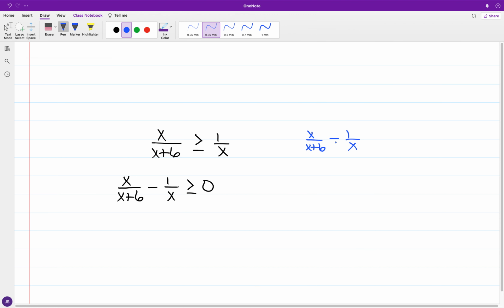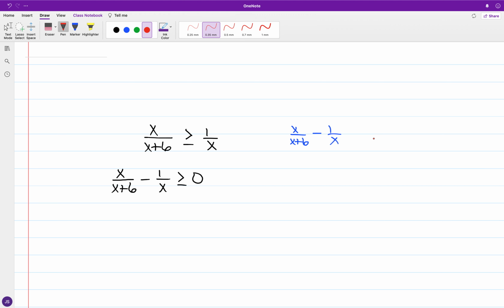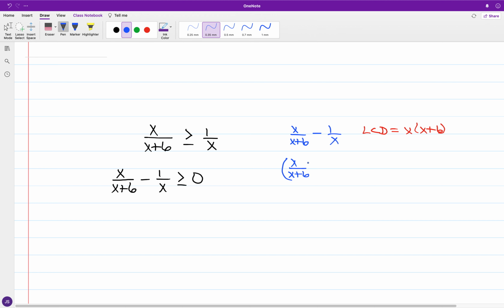and if I consolidate these terms into one rational expression, okay, so just putting these in terms of the least common denominator. So least common denominator, okay, so we have x times the quantity of x plus 6. So for x over x plus 6, okay, so I have the x plus 6 factor, but I'm missing the x.